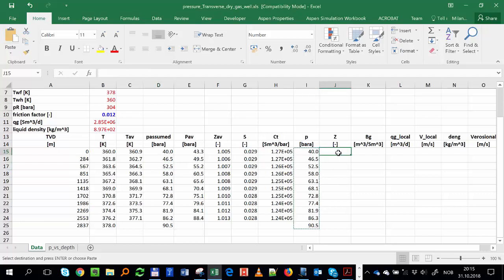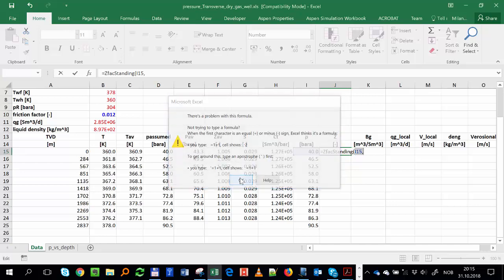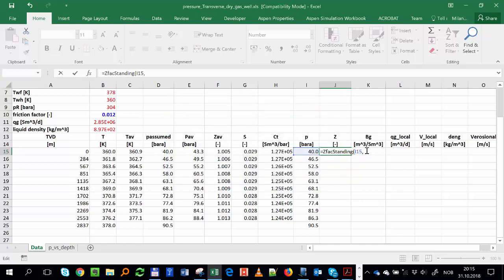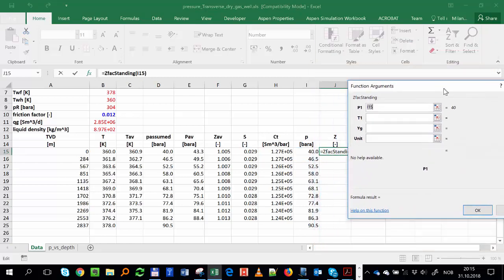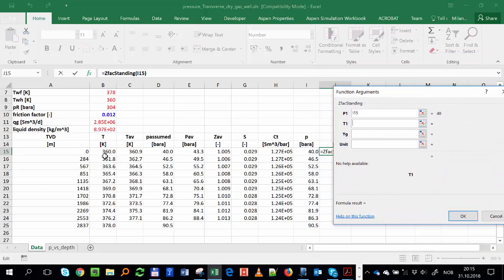So let's calculate the Z. That will be again the same function, C factor standing. Here we're going to use the actual pressure of that point, the temperature of that point, not of the segment.